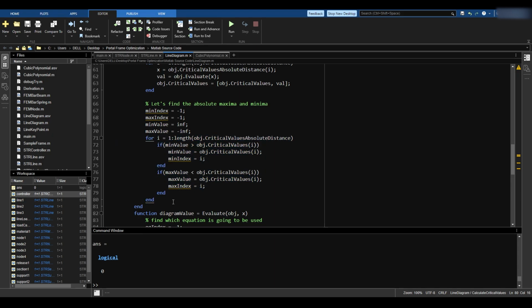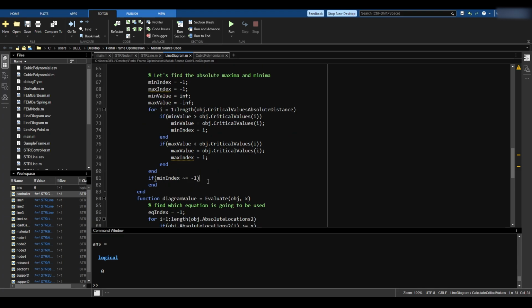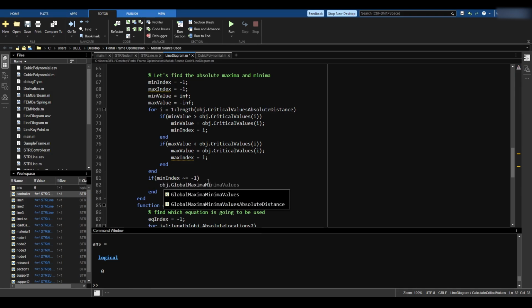Okay. Now let's ask a question. If minimum index is not equal to -1, so we found something. So if you have found something, then object.global maxima minima values absolute distance. Oh my God, this is so long. What a name. Equals the old one, and we add to it.